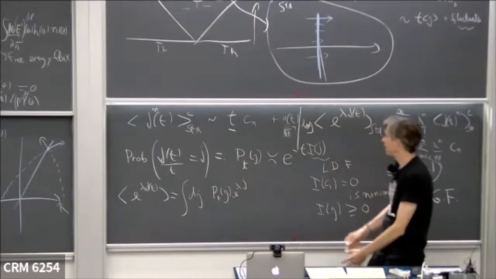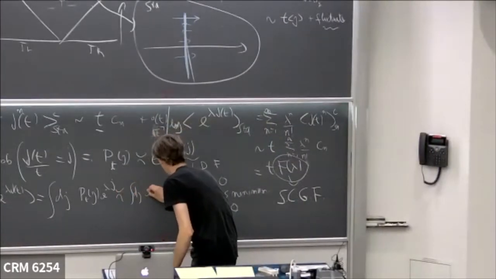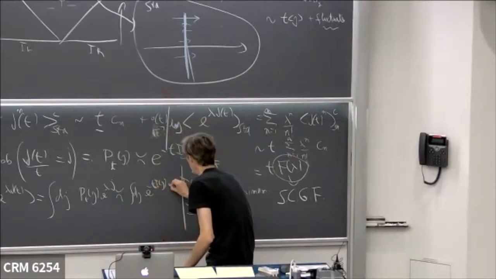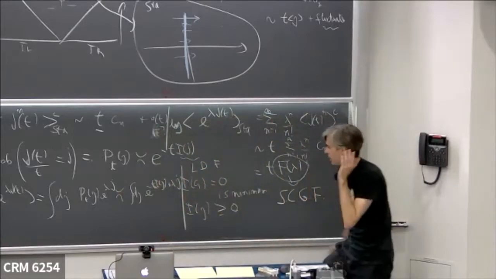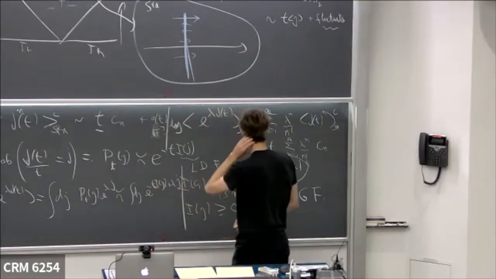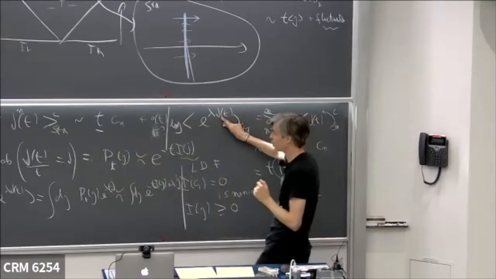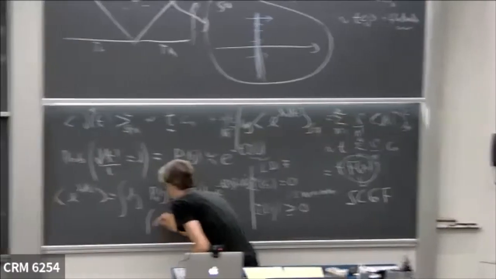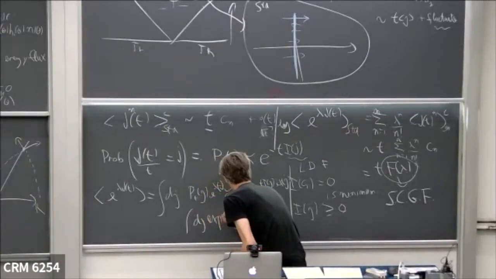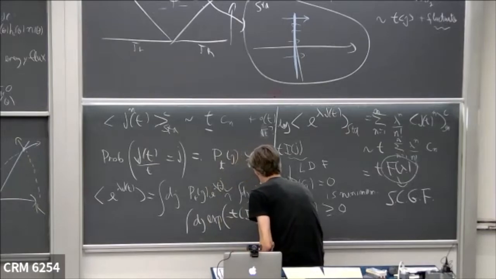And then I would put in that exponential form, exponential minus t I of j plus lambda j, and there's a t in front because this is the total J and this is the small j, lambda t j. So I rewrite this as the integral dj exponential minus t times (I of j minus lambda j).